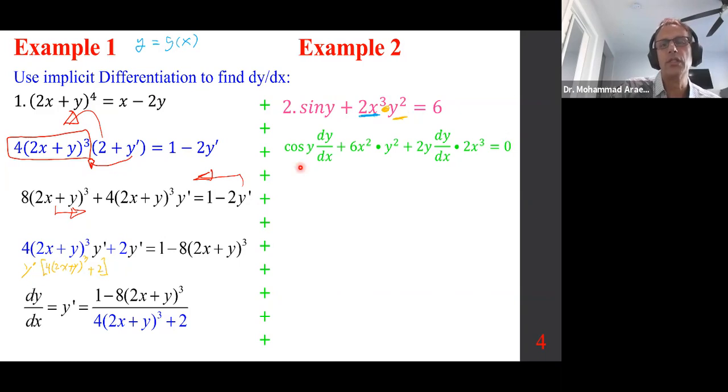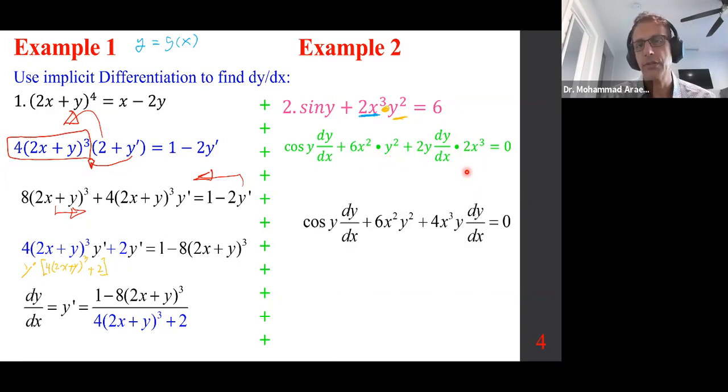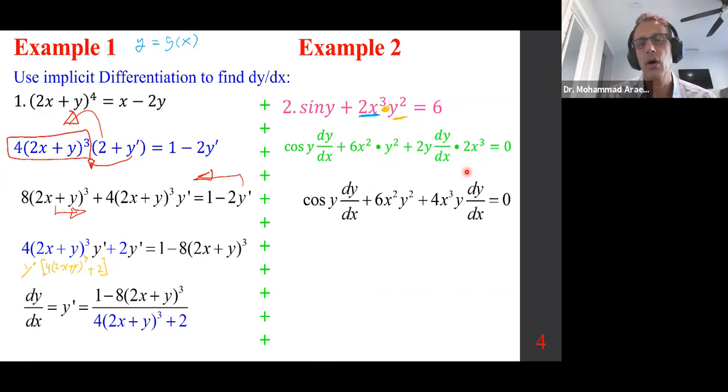So we have this one, it's fine, okay? This one is fine, 6x squared y squared. And these two, we write them as 4x cubed y dy/dx. All we have to do, everything involving dy/dx we keep. So we're going to keep these two.